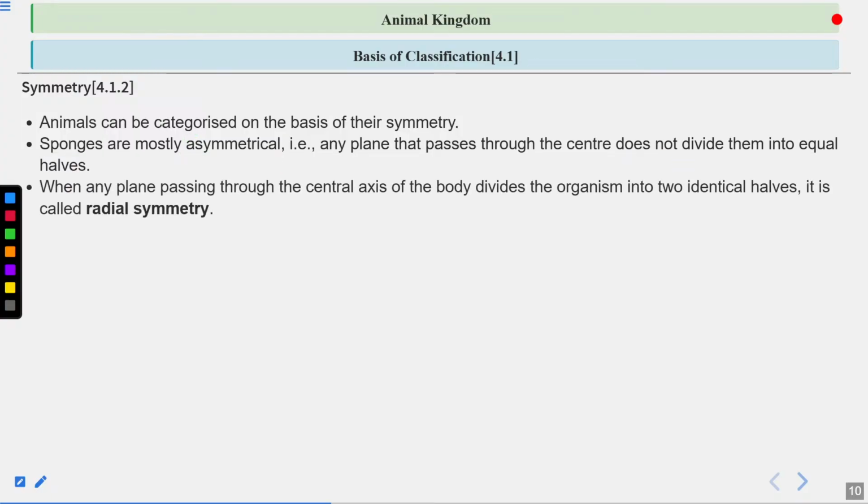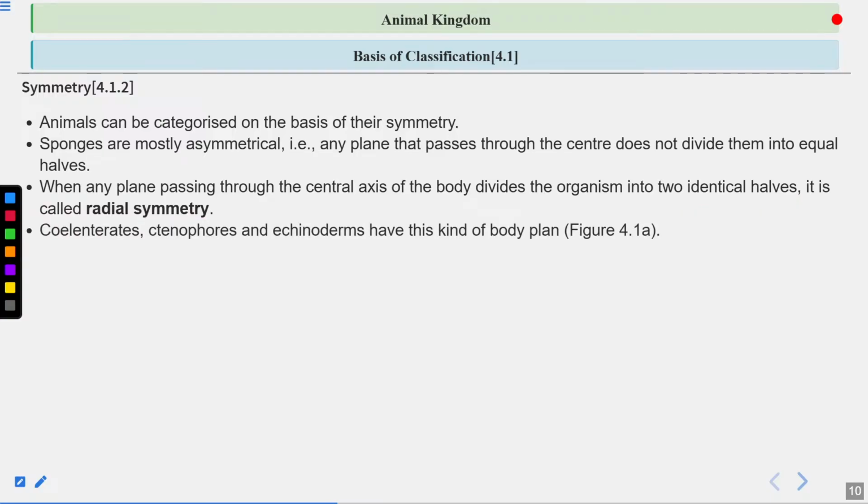When any plane passing through the central axis of the body divides the organism into two identical halves, it is called radial symmetry. We can see this with the help of this figure. Coelenterates, ctenophores, and echinoderms have this kind of body plan.